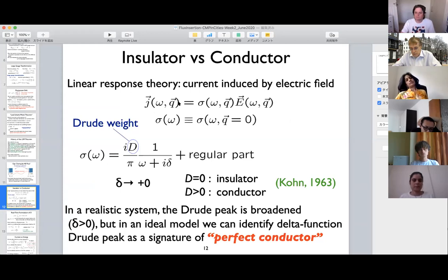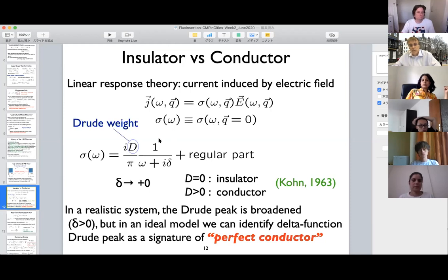So the current as a function of frequency and wave number is proportional to the applied electric field, and there is some coefficient which represents the linear response of the system to the applied electric field. This conductivity is, of course, an important quantity you can measure in experiment. In particular, here I'm interested in the q equals 0 component of the conductivity, which is a function of frequency omega.